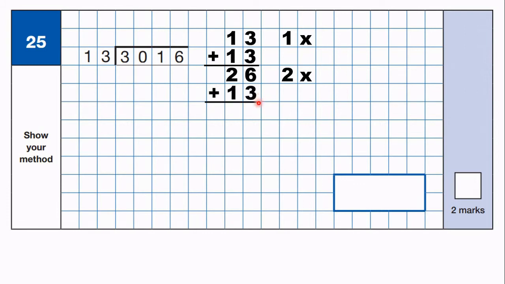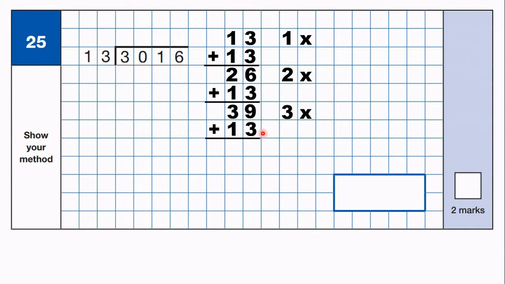If we add another 13, we get 39, so that's 3 times 13. We could stop here, because we can see that with the first 2 digits in our dividend, we have 30, but I find it useful to go up to 5 times, and I'll explain why in a moment.